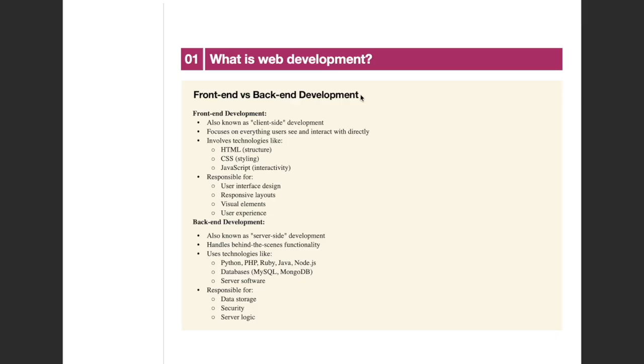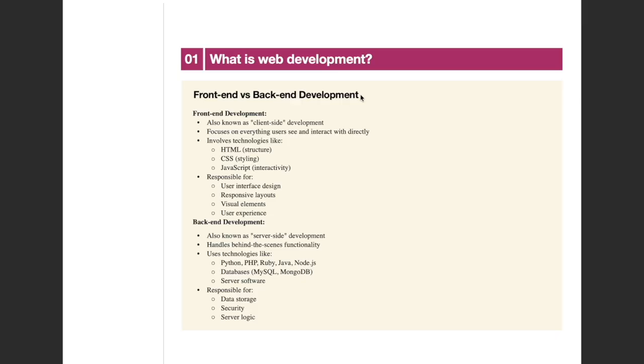Now let's focus on front end versus back end development. The web development world is generally split into two main halves. Think of a restaurant. In a restaurant, the front end is the dining area. It's everything users see and interact with directly.